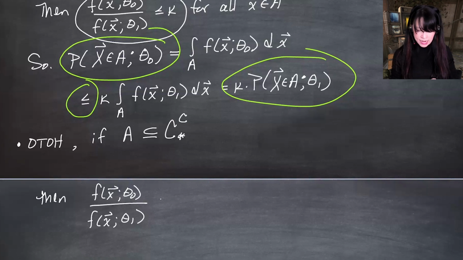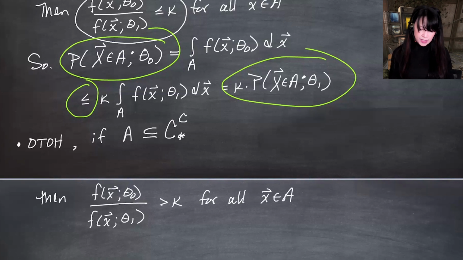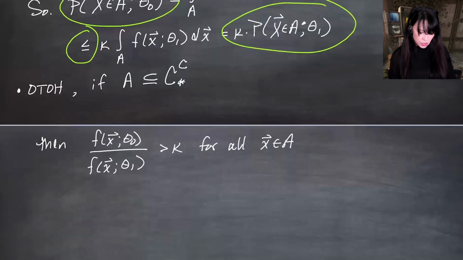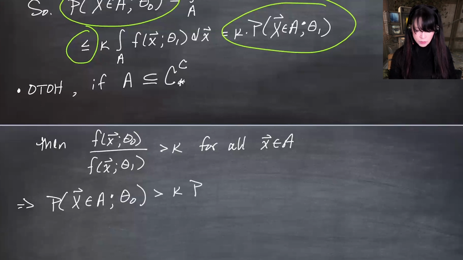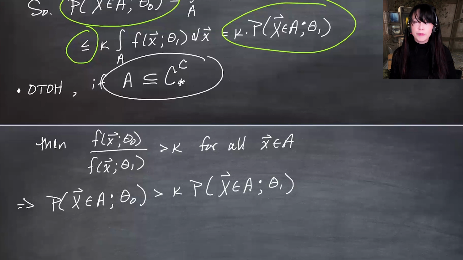And that means that for those X's, this ratio is greater than K for all X in A. And so if you do the same sort of thing we just did, writing out probabilities, this implies the probability that the vector of x's is in A when the null hypothesis is true is greater than k times the probability that x is in A when the alternate hypothesis is true, in the case where A is in the complement of C star.